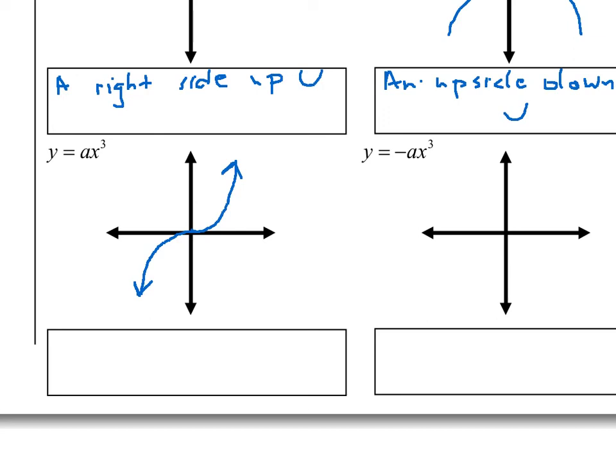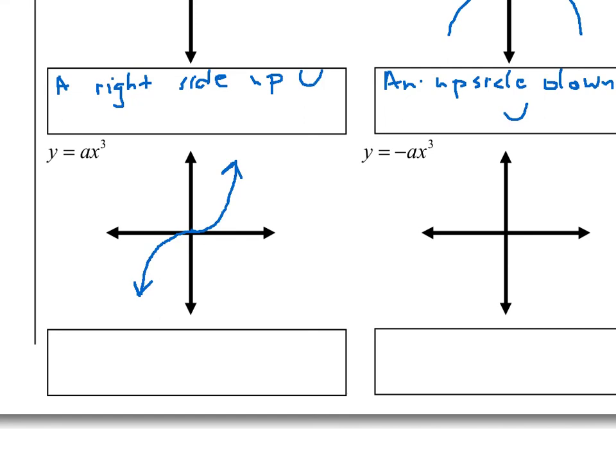How would you describe this shape? Haseen? A nervous face? Okay, I can kind of see that. I like Desiree's description. The other description I get is a slide, so it makes an S or a slide.